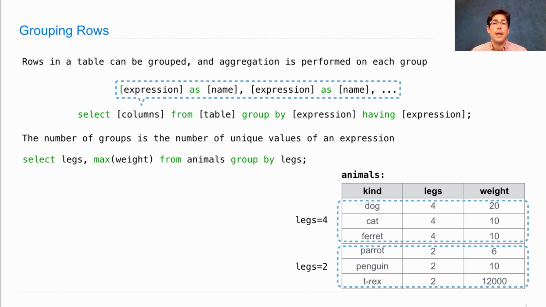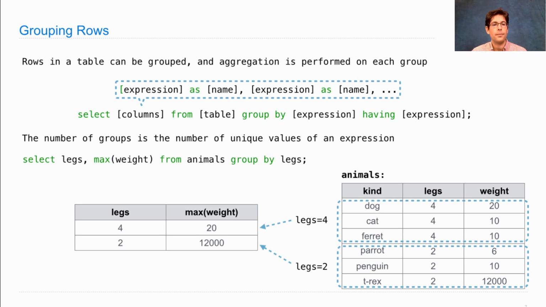Each of those is going to result in a different row in the table that we get by selecting legs, max weight. Now legs here, because it matches the group by, will give us the value of the legs for that group. It's really giving us the legs value for some arbitrary row, but they're all the same, so we get 4.